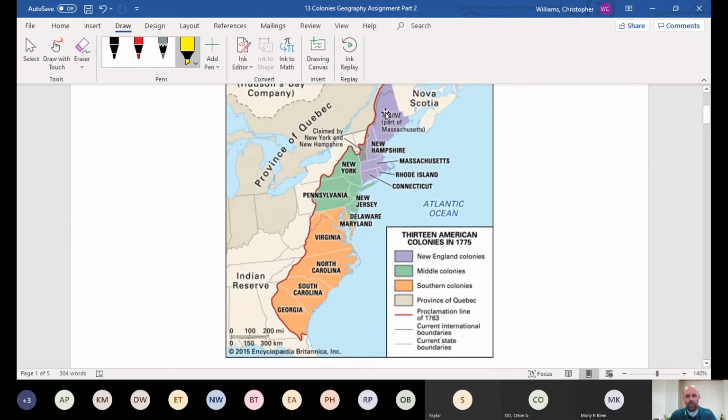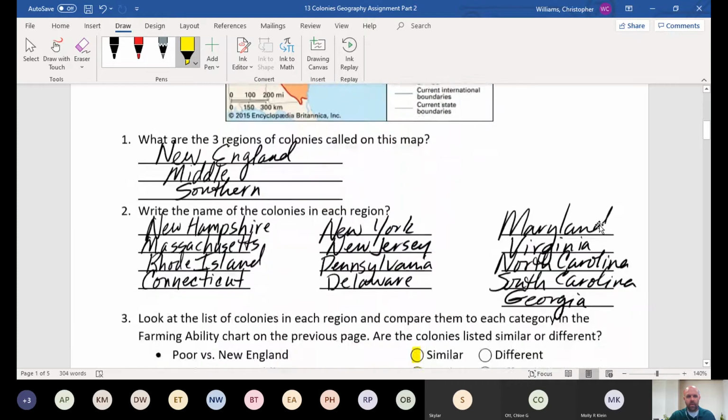And again, from north to south, because north cardinal direction would be here, you see that New England is the furthest to the north, then the middle colonies, and then the southern colonies, okay? And then the names of each colony are within each grouping. So there are 4 in New England, 4 in the middle, and 5 in the southern, all right?